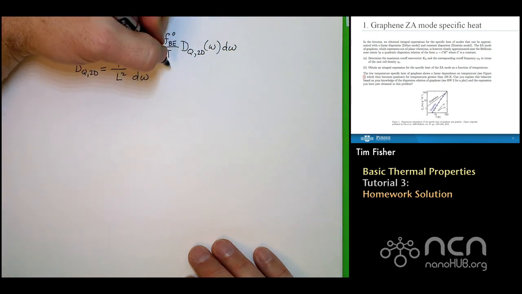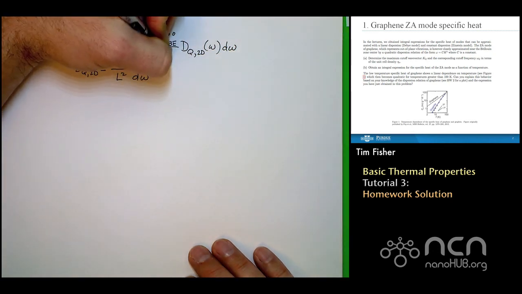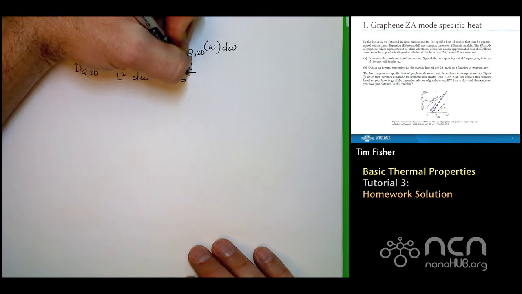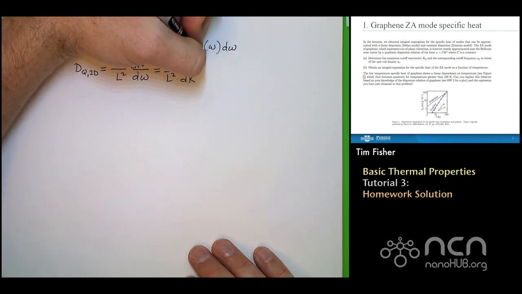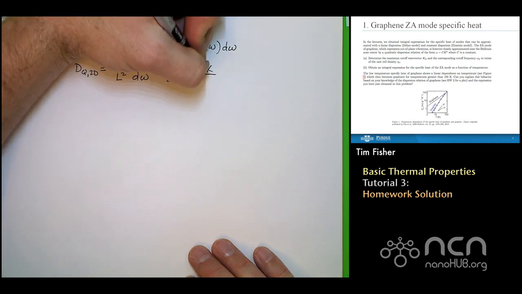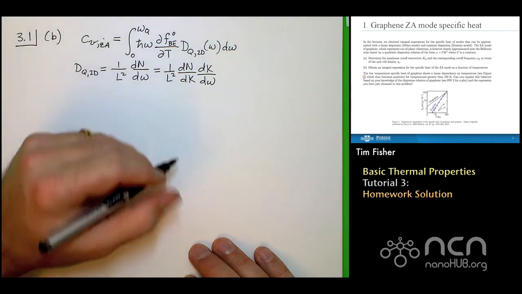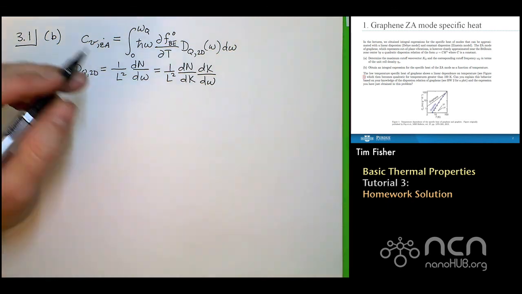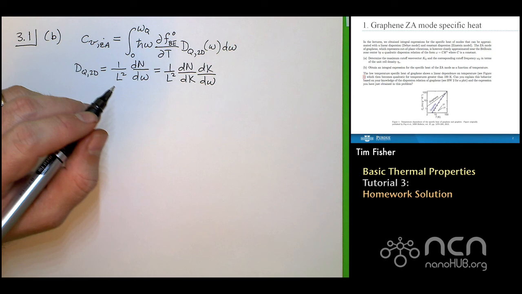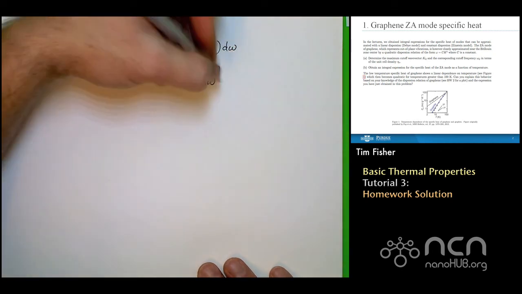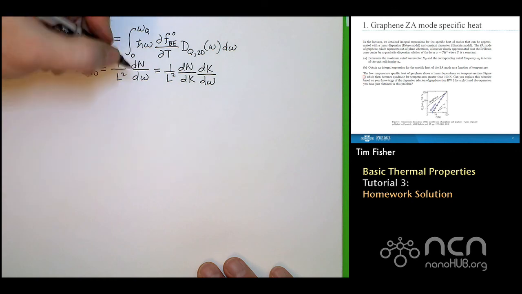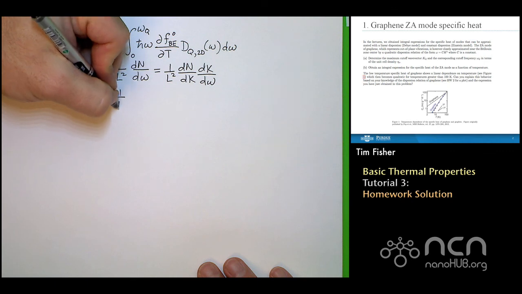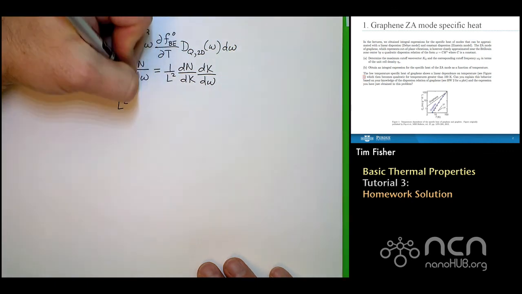If we just do a simple calculation of that, first of all we use the chain rule and take the derivative of the number of states with respect to k, and then multiply that by the derivative of k with respect to omega, the inverse of which is normally what we've been using for group velocity. Well, it is the group velocity here, but we're going to actually have something different because we have quadratic dispersion here. Now when we go through this, I'm just going to do some simple substitutions from our result in part A.